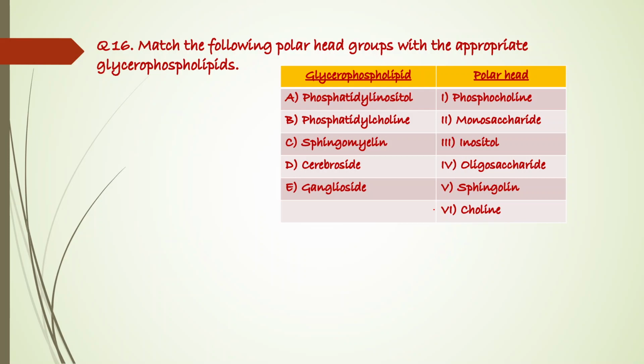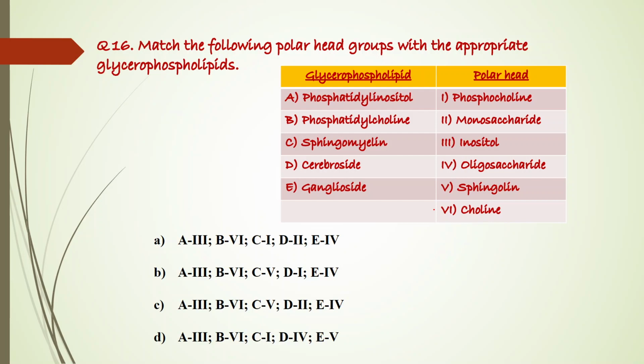Match the following polar head groups with the appropriate glycerophospholipids. So to be able to answer this, again you should remember the classification of the lipids. Just in the previous slide, I discussed the sphingolipids and their classification. Similarly, you have to remember the classification for glycerophospholipids as well. Fine.